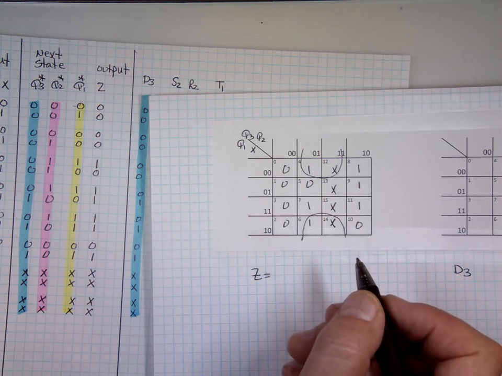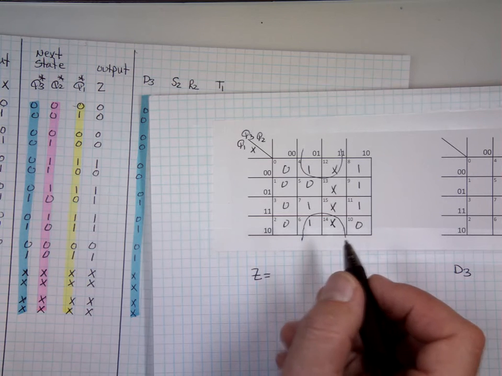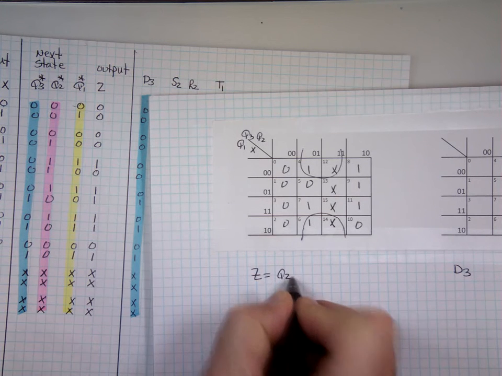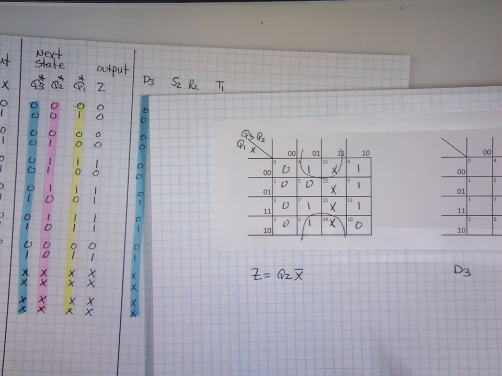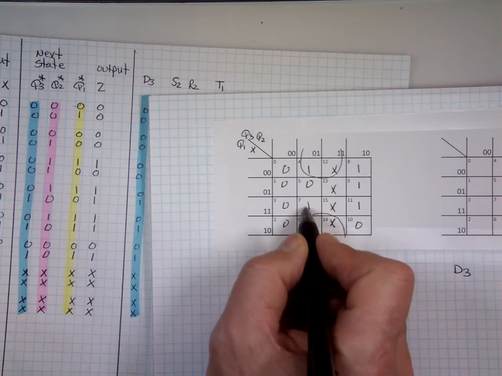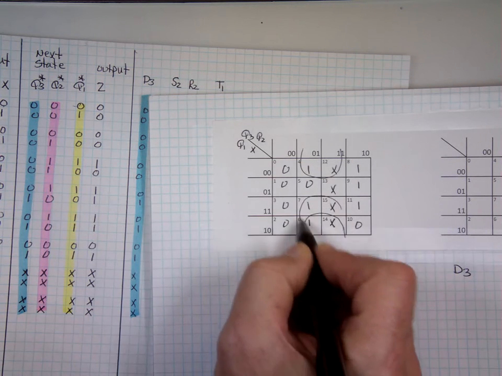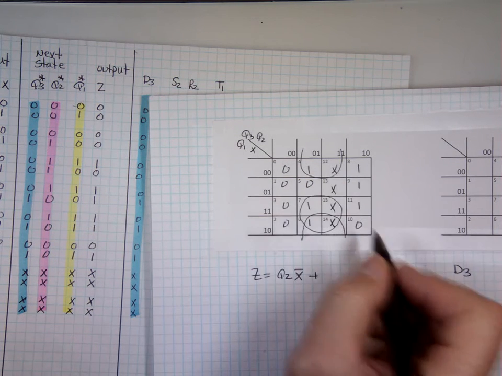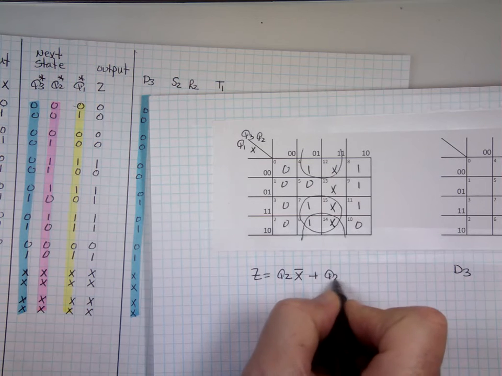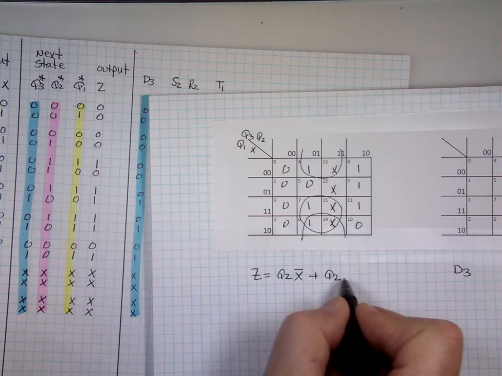Is that Q2? And up and down, what do we have? X bar? To get this one, that group here, which is again Q2, Q1.